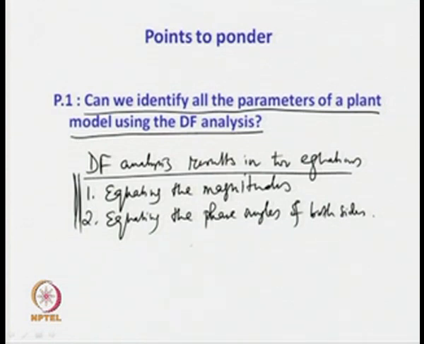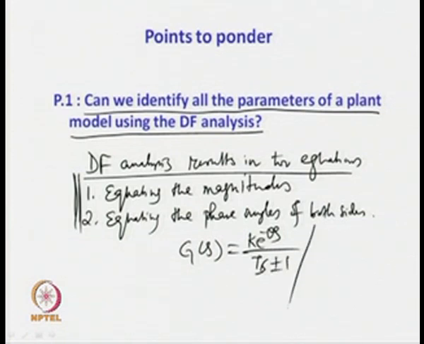So, basically the types of models that should be considered are of the form k e to the power minus theta s over T s plus minus 1, or of the form k e to the power minus theta s over (T s plus 1) to the power n. Again, if n is known, then it is possible, otherwise not.